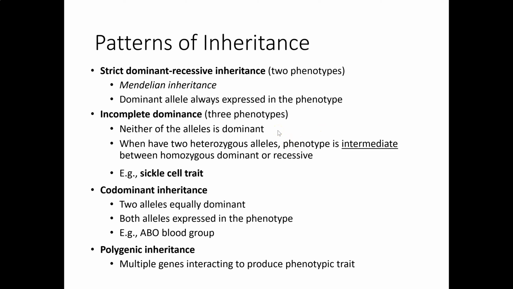But if you have a heterozygous, a white and a red allele, you end up not with red, you end up with pink, because the pigment is half the amount of the red, so the presentation becomes pink. You end up with 3 phenotypes.